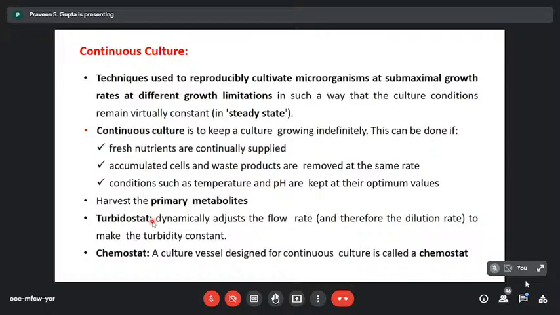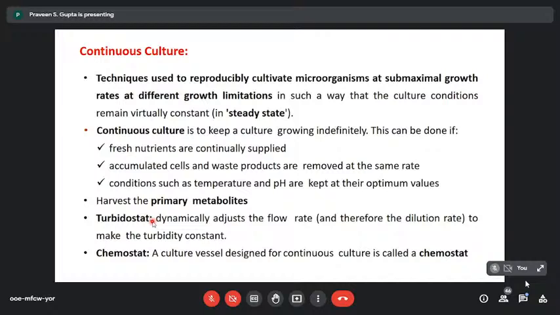So addition and removal must be balanced in such a way that the amount of nutrient is fixed, the total number of bacteria is fixed, and the total product is fixed. I'm talking about three only: media, bacteria, product.